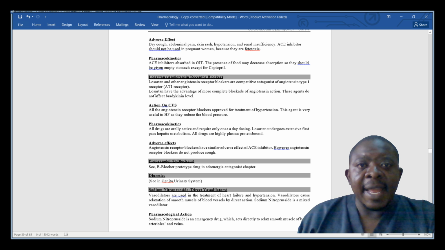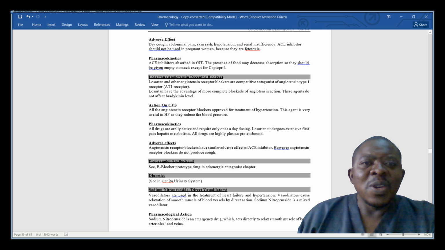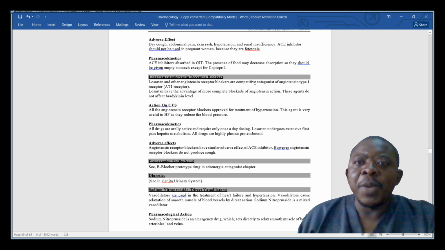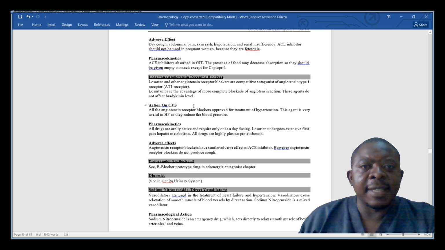Losartan. Losartan is an angiotensin receptor blocker. Losartan and other angiotensin receptor blockers are competitive antagonists of the angiotensin type 1 receptor. Losartan has the advantage of more complete blockade of angiotensin action. These agents do not affect the bradykinin level.